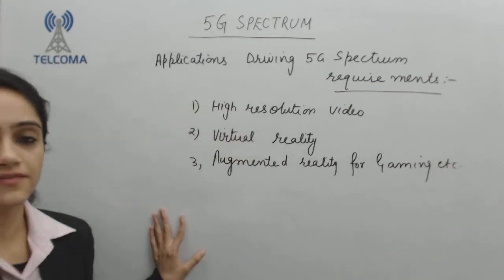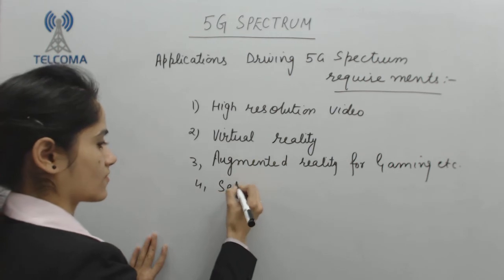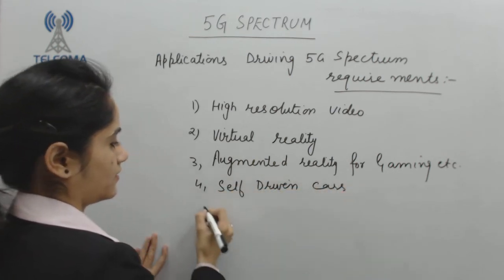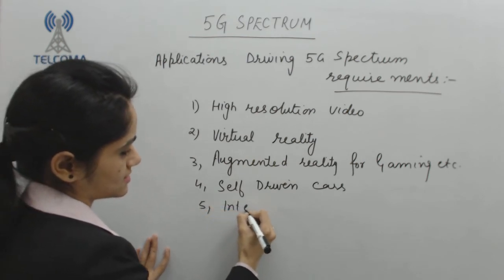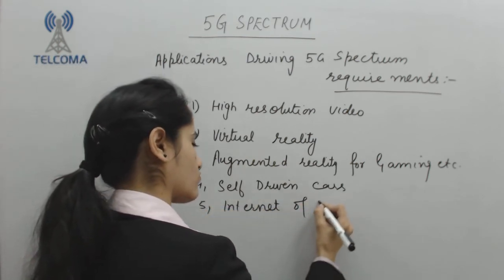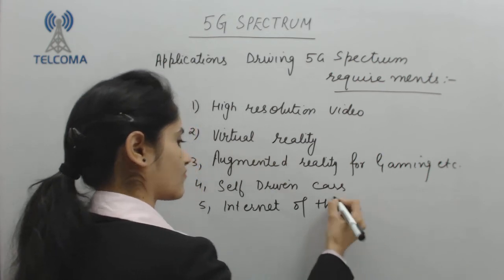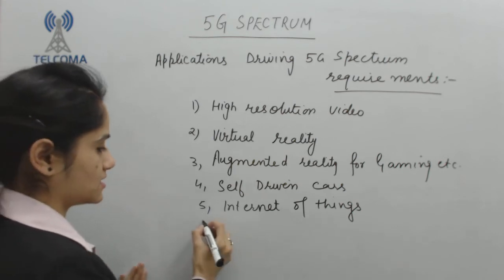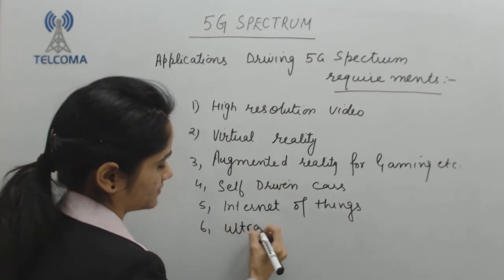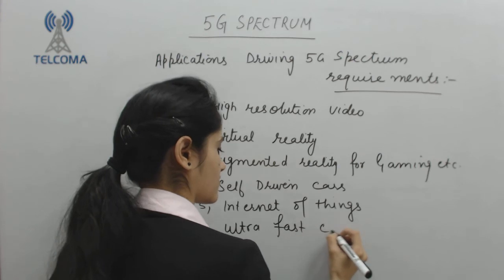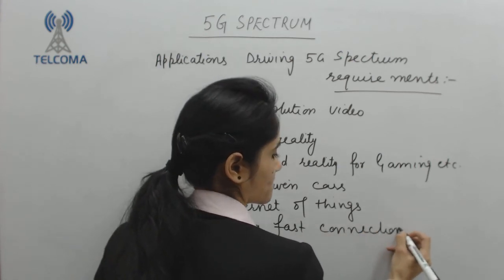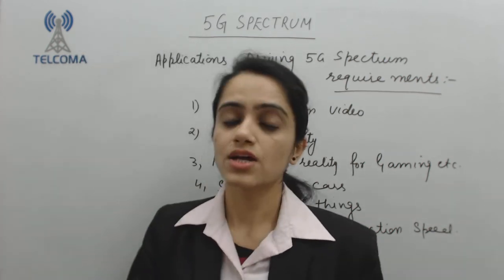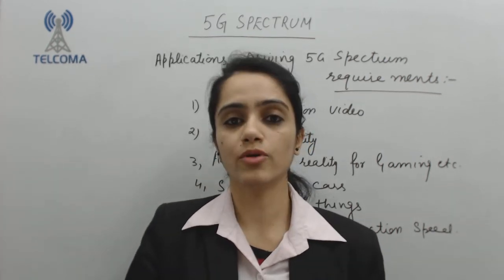We have self-driven cars. Then we have Internet of Things, where we have ultra fast connection speed. So as these are my requirements, those demand high spectrum or more spectrum.